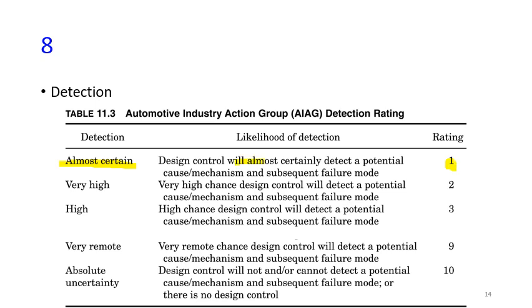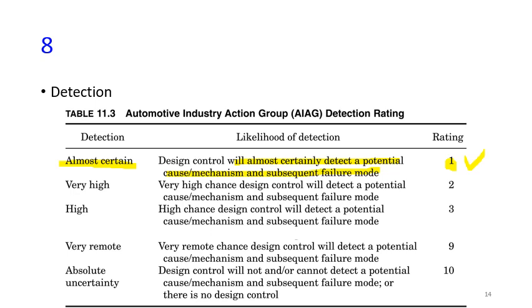It will almost certainly detect a potential cause or mechanism and the subsequent failure mode. So this is a very good design control. It can detect almost certainly anything that is going to be wrong with the design.